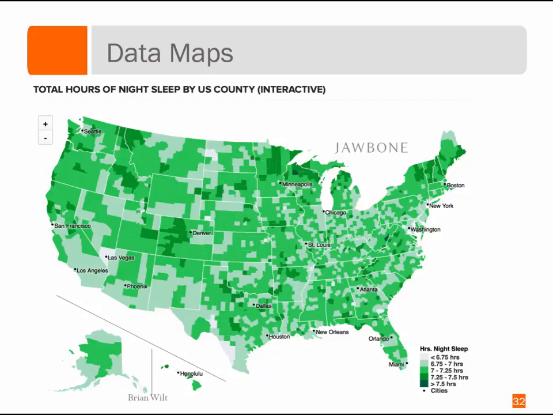This data was collected from folks wearing wristbands. So that may or may not be an accurate reflection of the overall population in that county. What it may be a reflection of is the individuals who are wearing a Jawbone in that particular county, who may or may not be fully representative of the behavior in that county.